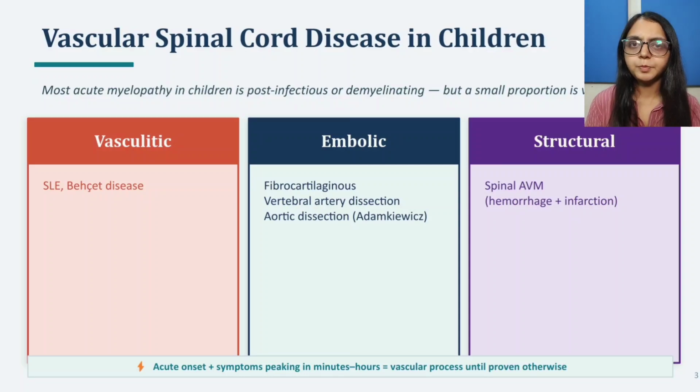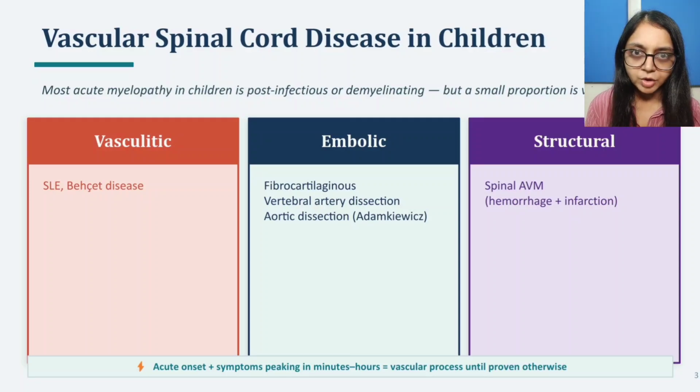But in a small proportion of these kids, the cause is actually vascular, meaning the spinal cord is being damaged due to infarction, ischemia or hemorrhage, not inflammation. Clinically, the two can look very similar at first. That's what makes this topic so important to understand.